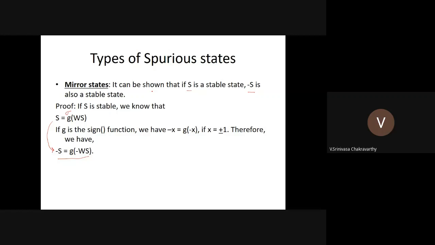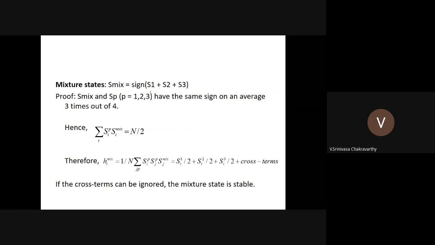Okay, that's not the only thing. The second category of states, which also become stable, happens when you store at least 3 patterns. Suppose you have 3 patterns, S1, S2, S3, all 3 are stored patterns. You have stored them using the same Hebb's rule. Then consider this kind of a summation. Actually, consider a more general kind of summation of the 3 patterns. I put a ±1 here also, and you calculate.